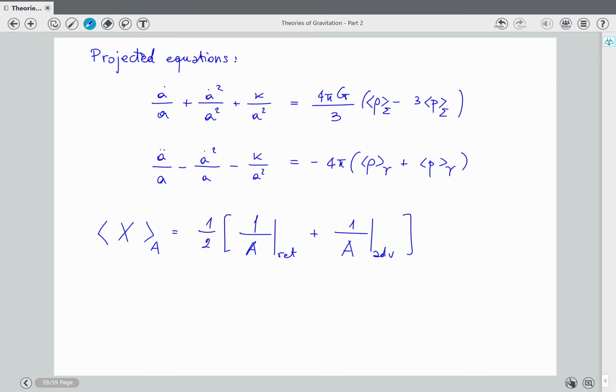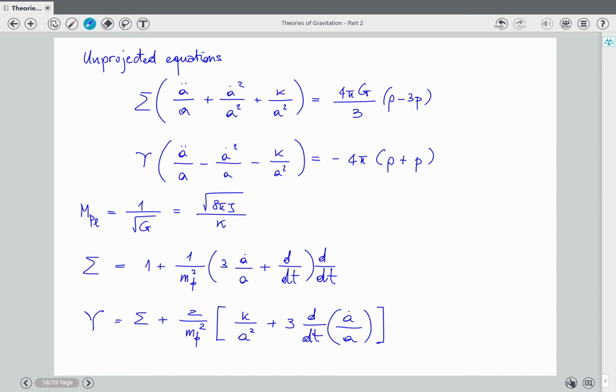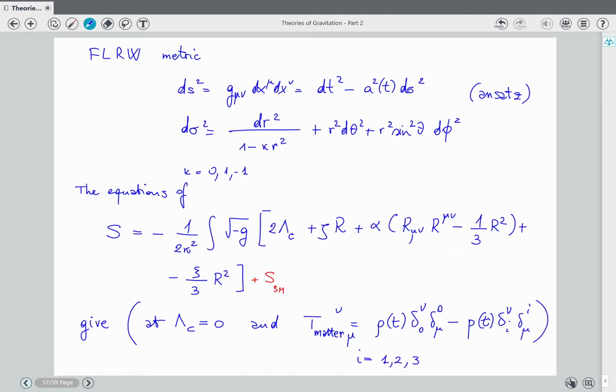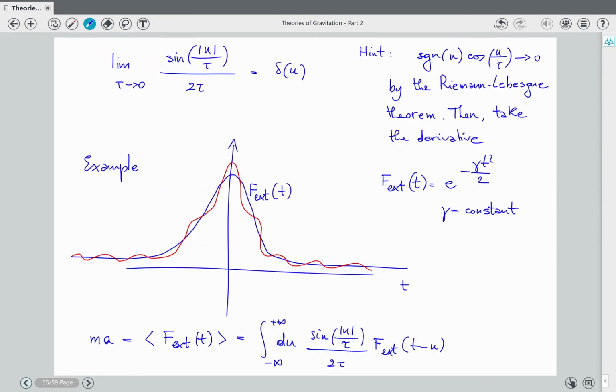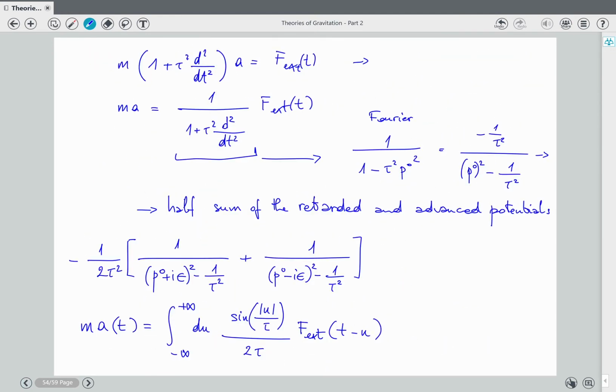You can talk about retarded and advanced potentials even if they depend on the metric itself, even if they contain functions. For A equals 0, this is precisely the operator we had in the simple non-relativistic toy model.